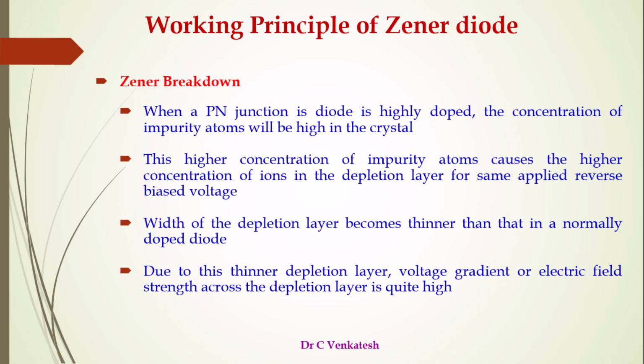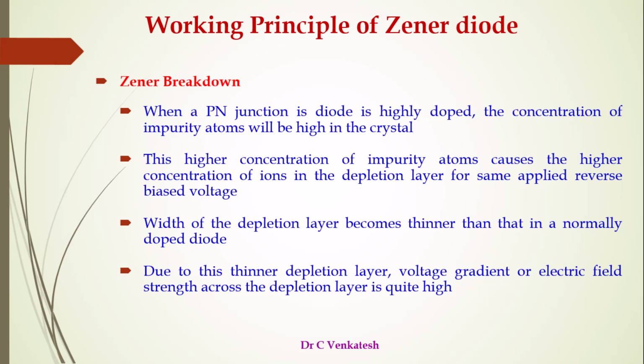So that is the main difference between an ordinary diode and a Zener diode. Usually in the reverse biased condition the depletion layer increases, whereas in a Zener diode, the PN layers are highly doped and the width of the depletion layer is very thin.